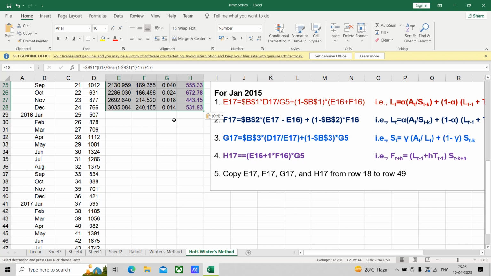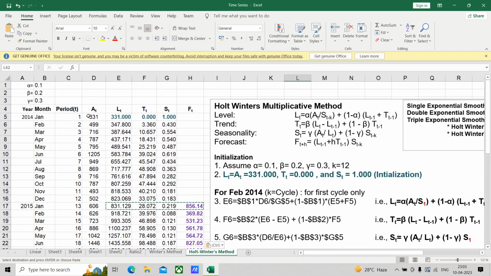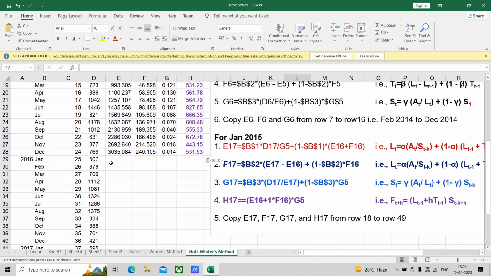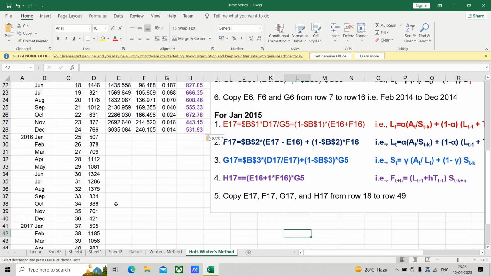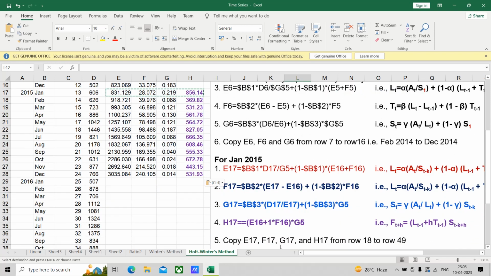If we copy this formula, then it will give a result, but that result is not very accurate. To find the accurate value we have to repeat this formula. The formula of 2014 will be repeated for 2015, and on the basis of 2015 we calculate the values of 2016. Similarly, to find 2017, we initialize 2016 with the help of these formulas, and for the next values we will calculate them.